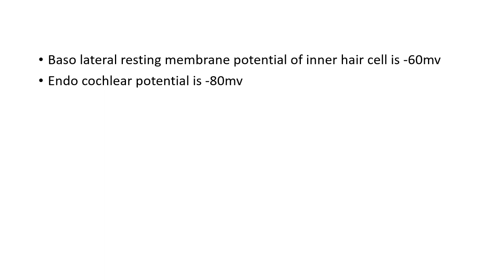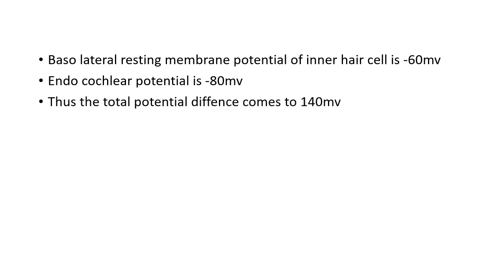This potential gradient that induces the movement of ions into the hair cell includes both the resting membrane potential of the hair cell and the positive potential of the endolymph, that is the endocochlear potential. So together, these two potentials become 140 millivolt. Thus, the total potential difference is 140 millivolt.